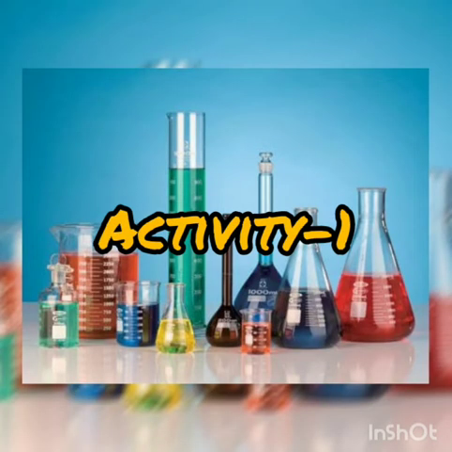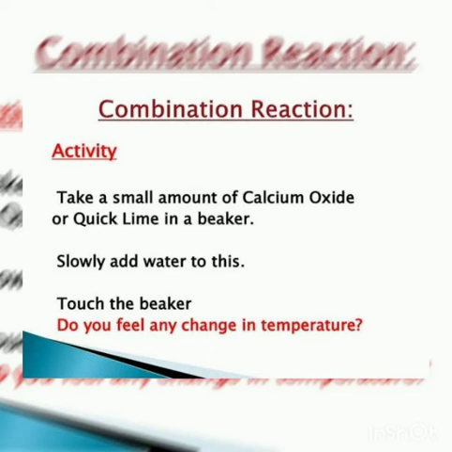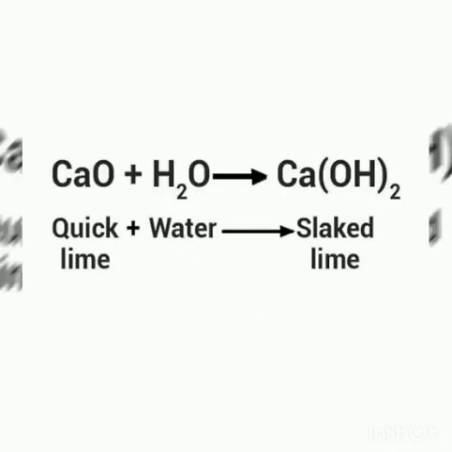To make it understand more clearly, let's perform an activity. Take small amount of calcium oxide or quicklime or in simple words चूना, जिसे लोग white wash के लिए use करते हैं घरों में. When calcium oxide react with water, we will observe that calcium hydroxide or slake lime is formed.